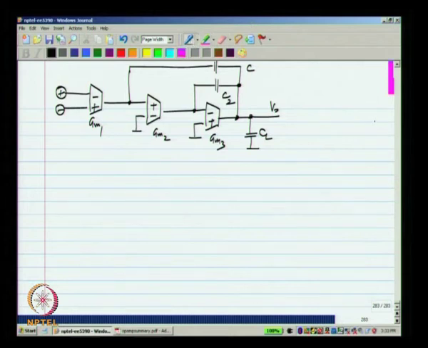Now, how would we go about implementing this? It is a simple extension of the two stage op amp that we have. Let us say we continue with the same topology.